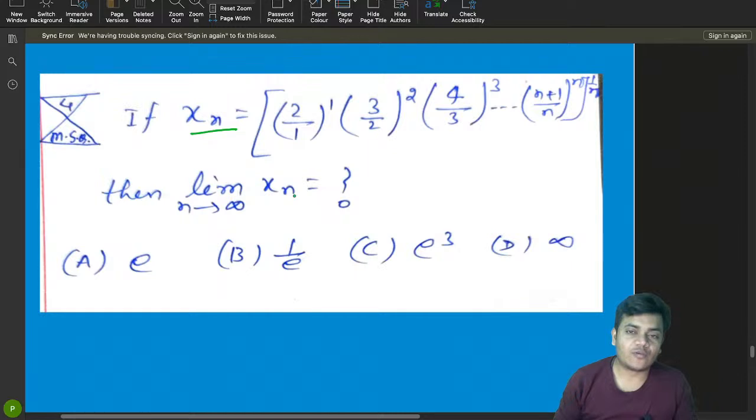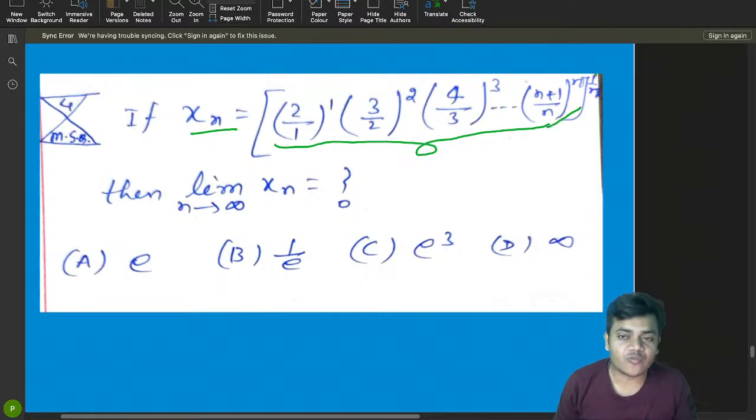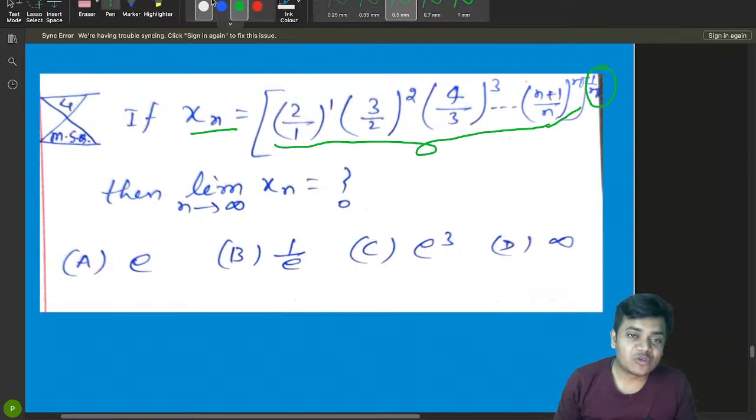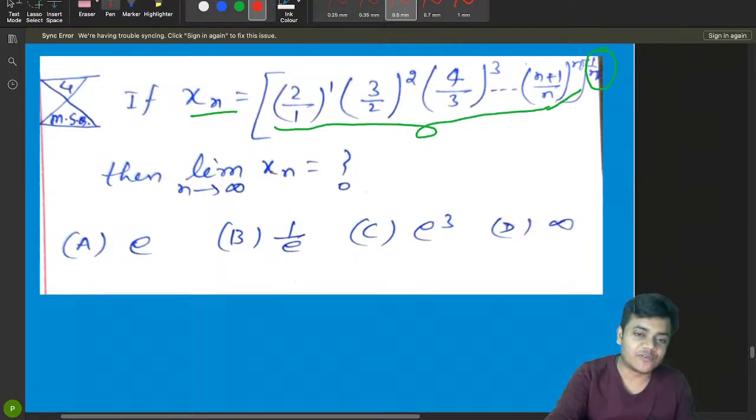For this, what are the things we are going to do? Certainly you can see that the whole power is 1 over n, and very soon Cauchy's second theorem will come to help you for sure.